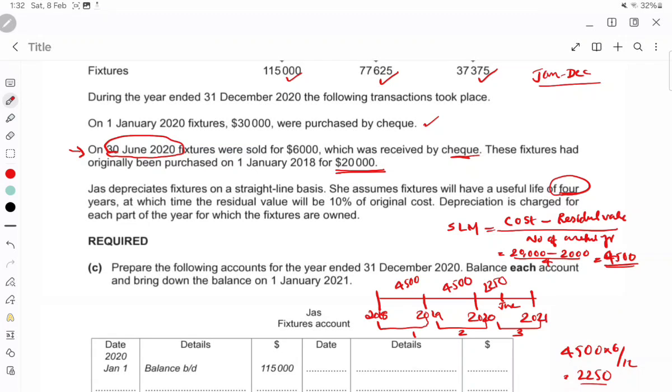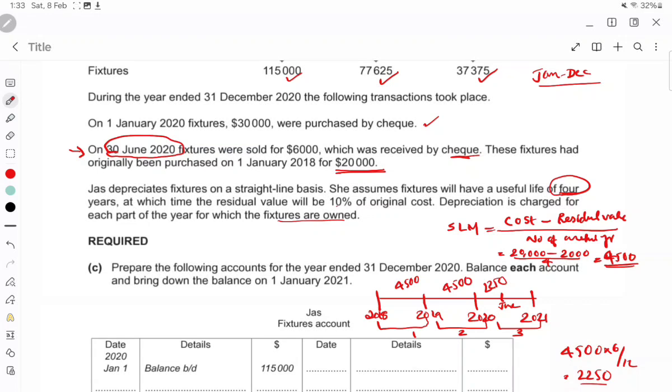It's on a straight line basis. She assumes the fixtures will have a useful life of 4 years, at which time the residual value will be 10% of original cost, and depreciation is charged for each part of the year for which the fixtures are owned.